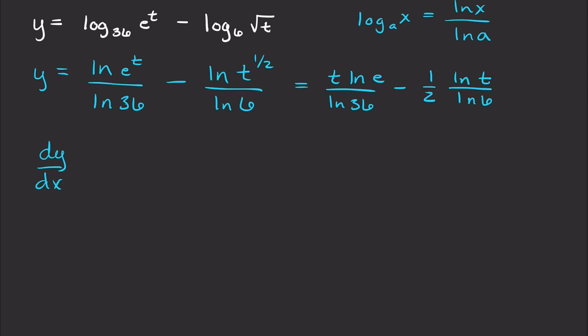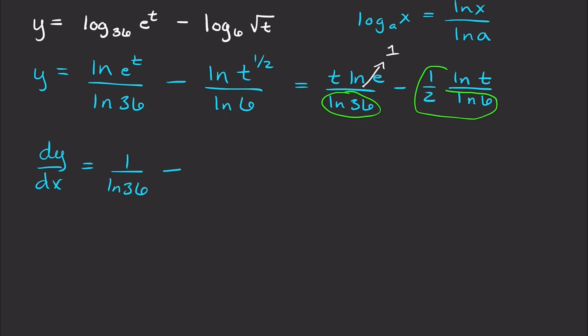The derivative of the first term, well, this is just a number, and ln of e, well, the natural log and exponential function are inverses of each other, so this is just 1. So we get our number out front, 1 over the natural log of 36, because it's just a number in front of t.